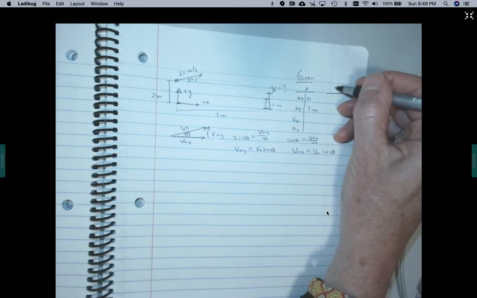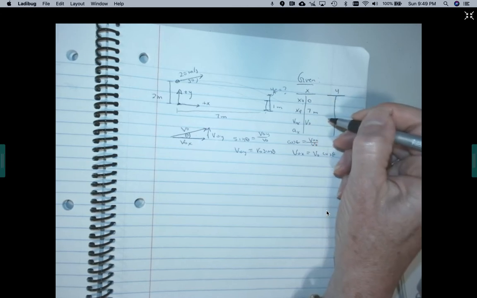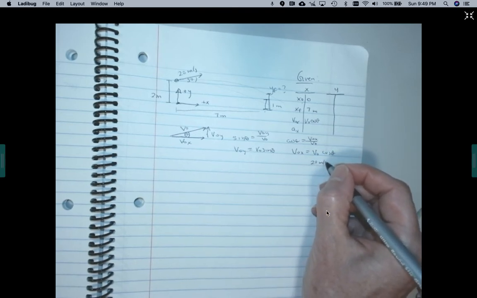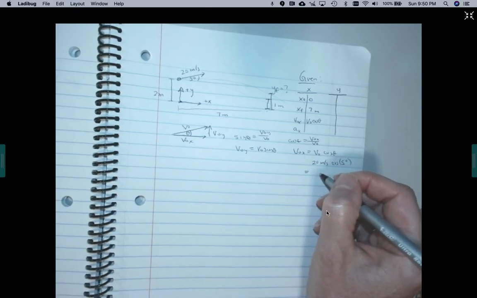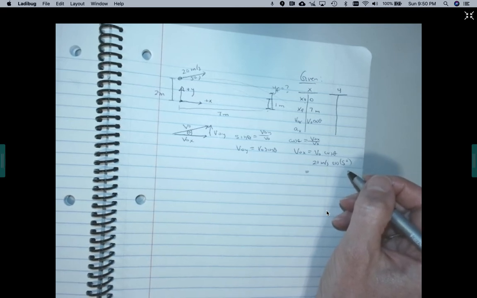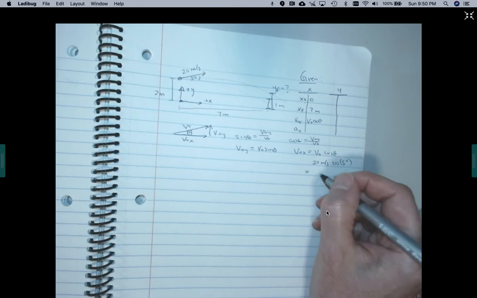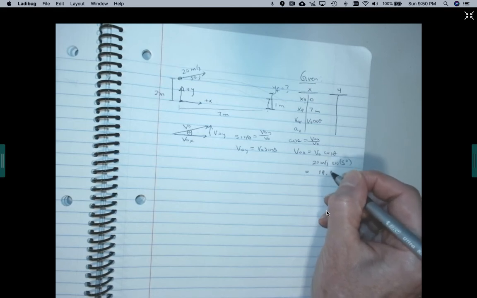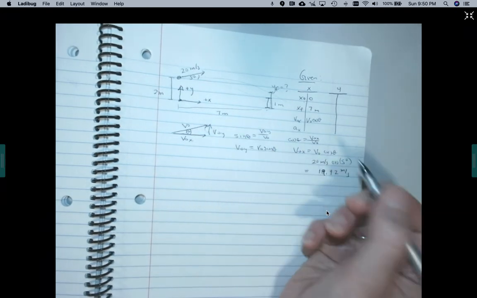So v0x is v0 cos theta. If I plug that in, it's 20 meters per second times the cosine of 5 degrees. I calculated that already to save us some time. It's 19.92 meters per second. Mostly it's just in the x direction, because my y component would be really small for a 5-degree angle.